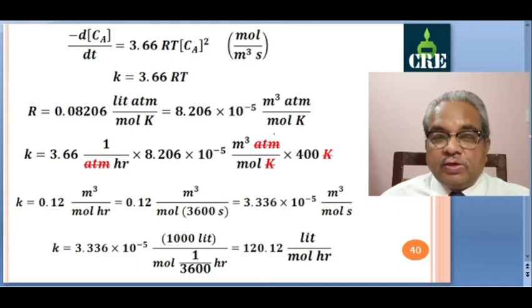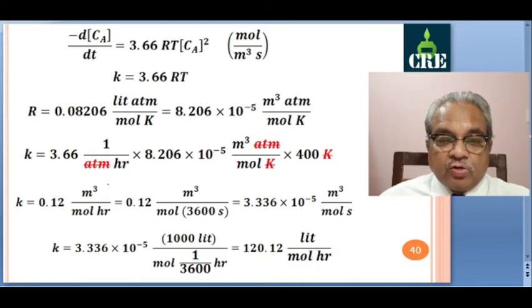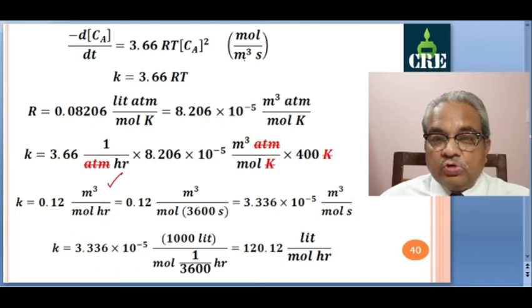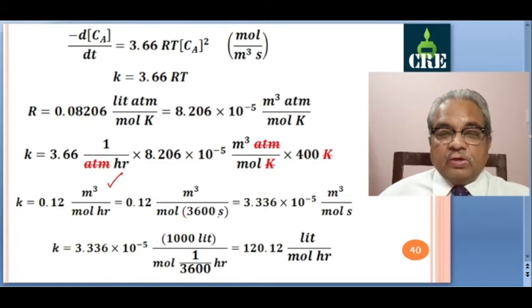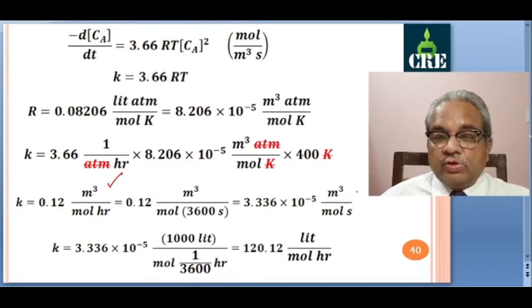So Kelvin cancels, atmosphere cancels, and we have meter cube per mole per hour. So this calculated value 0.1 is in meter cube per mole per hour. If you want it in moles per meter cube per second, 1 hour is 3600 seconds. So conversion will be 3.336 into 10 raised to minus 5 meter cube per mole per second.